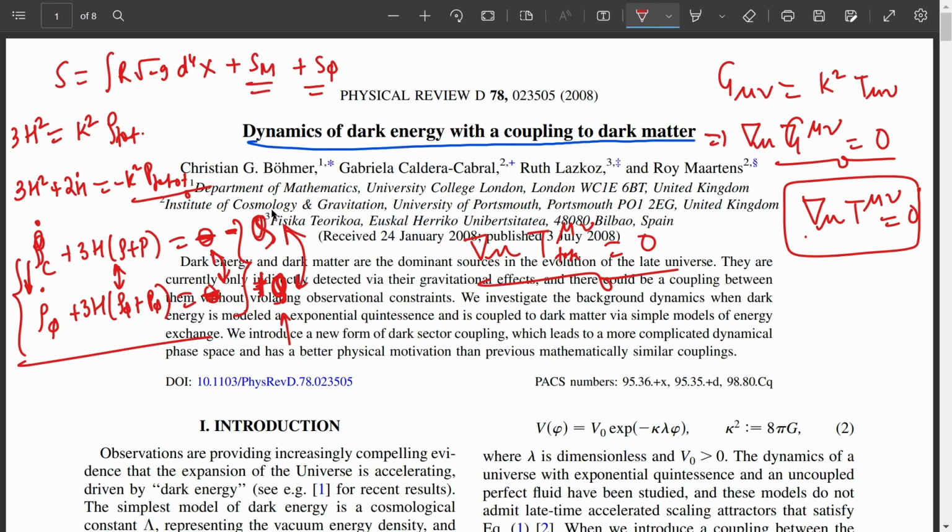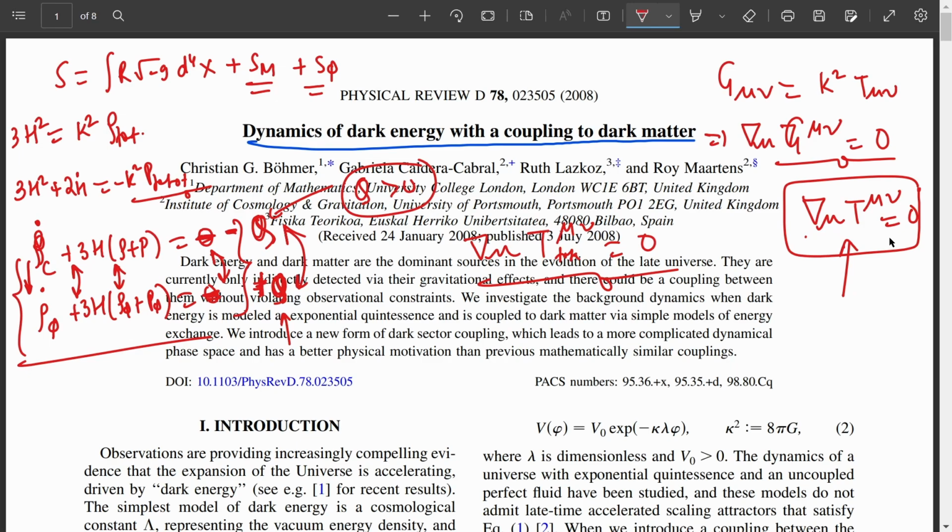It depends on how q comes out: one is releasing some energy, and another one is consuming energy. But you have to add it like this, so that minus q plus q is 0 and our total energy momentum tensor is always conserved. Okay, so this is called a direct coupling between two components.